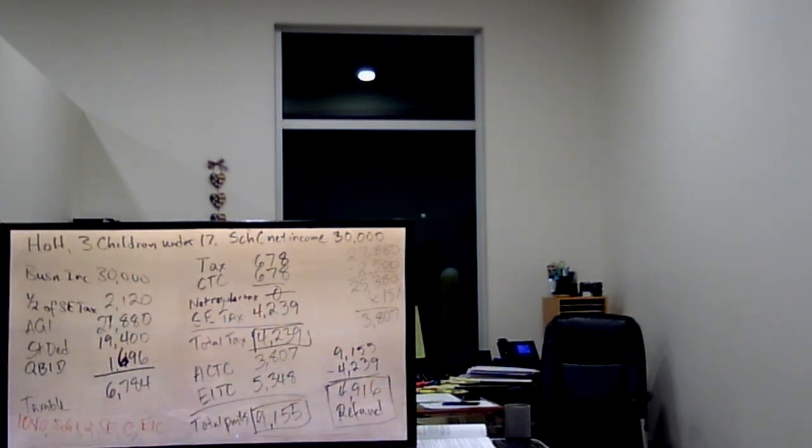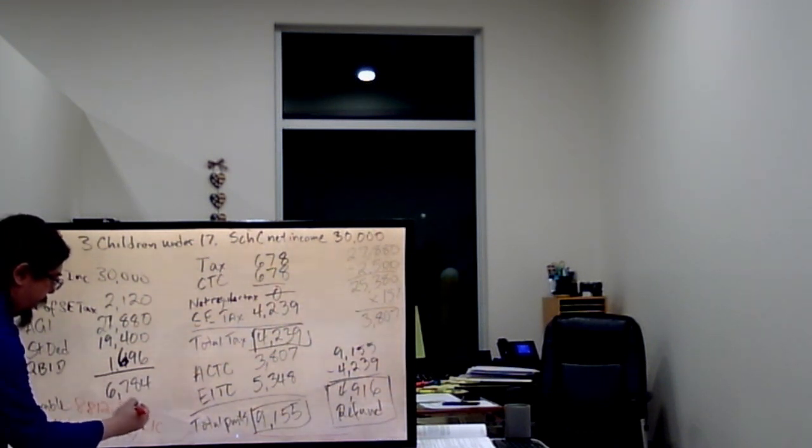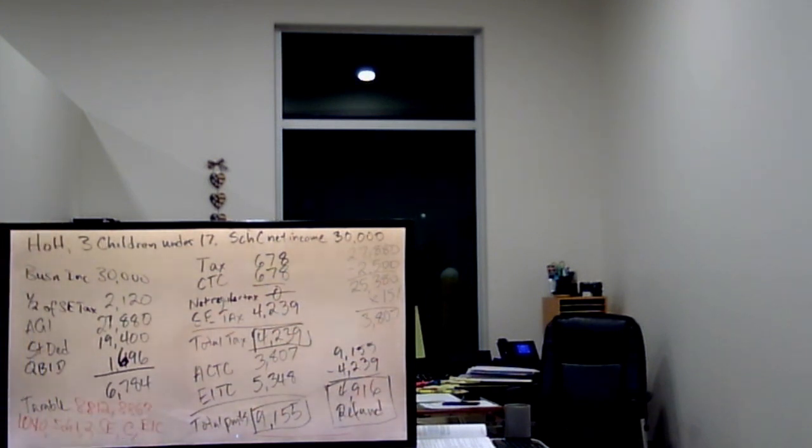Is there one for the child tax credit as well? Yep. Schedule 8812 for child tax credit, and 8867 for due diligence.